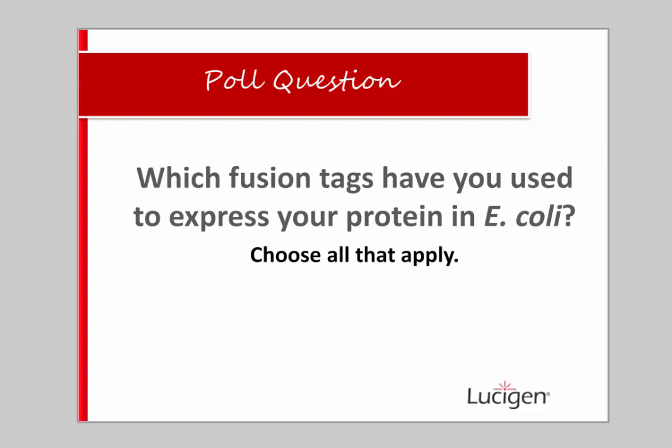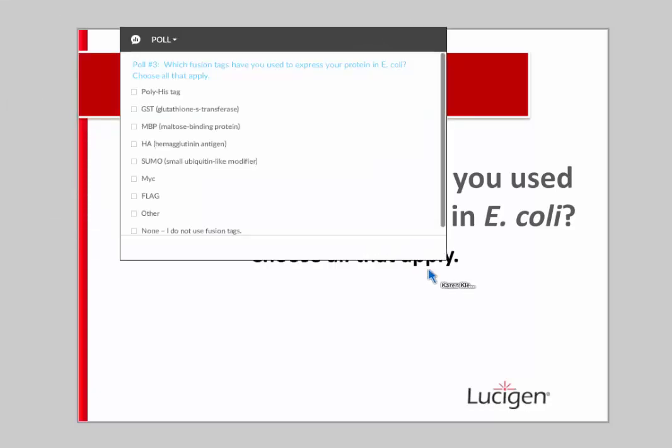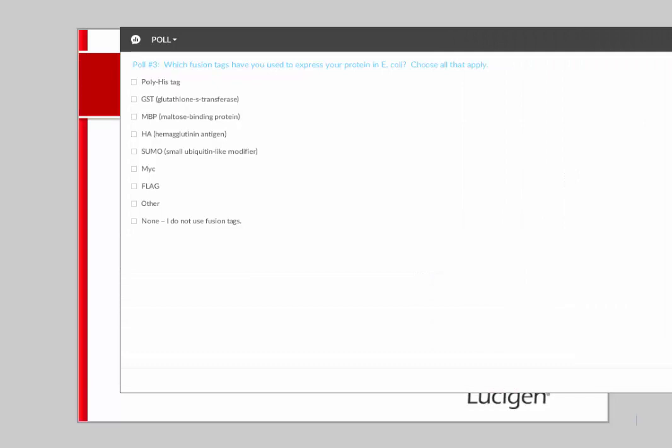Okay, so which fusion tags have you used to express your proteins in E. coli? And again, pick every option that is applicable. His tag, GST, MBP, HA, Myc, FLAG, SUMO, other, or none, you do not use fusion tags.